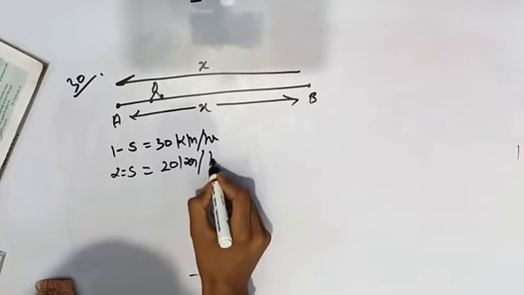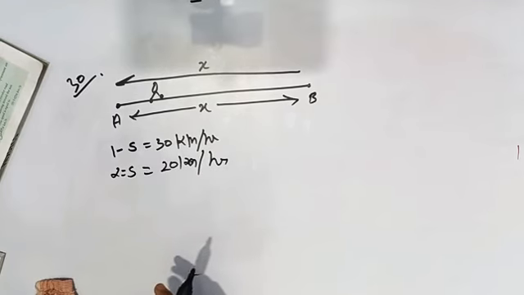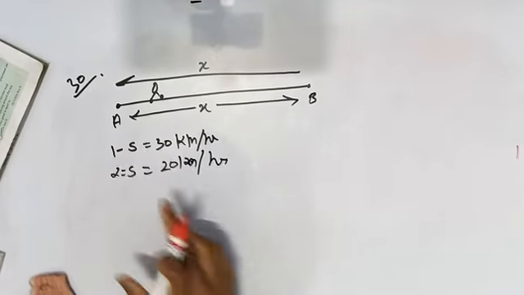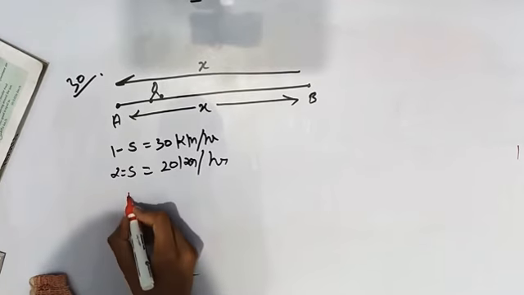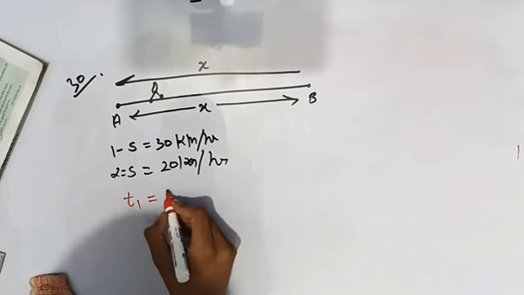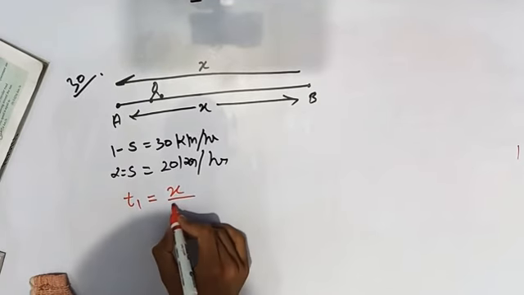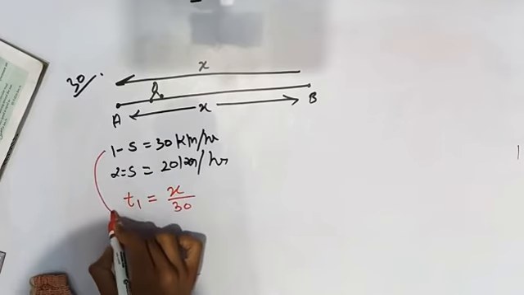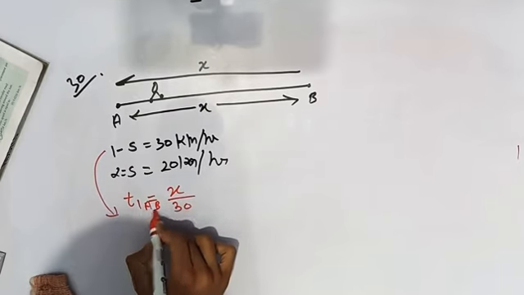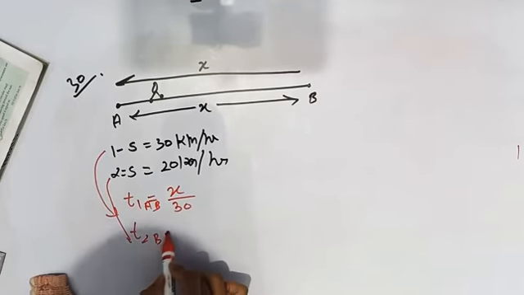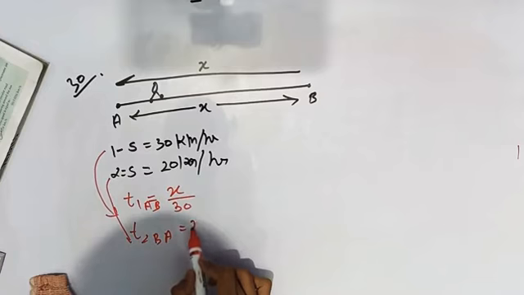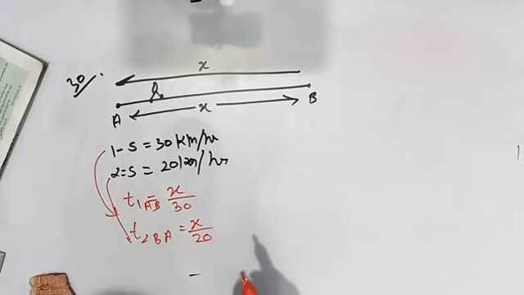So here we have to find the average speed. The average speed formula is total distance upon total time taken. The time we also don't know, but speed and distance we know. Time is equal to distance upon speed. The time for A to B is x upon 30, and the time for B to A will be x upon 20, as the distance is the same.